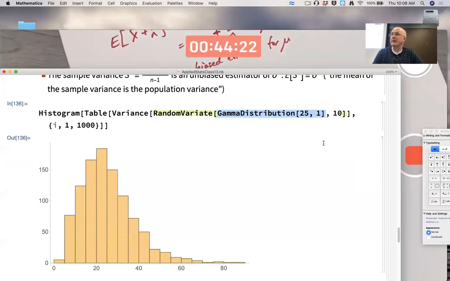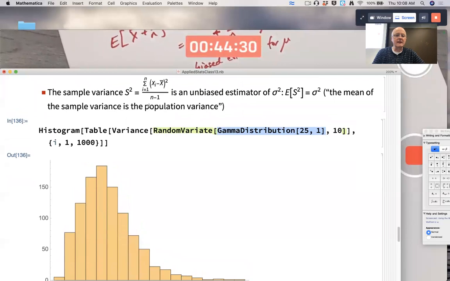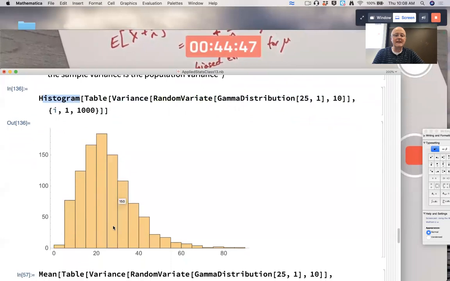Its mean is 25, alpha times beta. So I'm taking the variance of it here. What is its variance? Its variance is actually alpha times beta squared, which is also 25. I'm computing a bunch of values of s squared and essentially making a histogram of all those values.